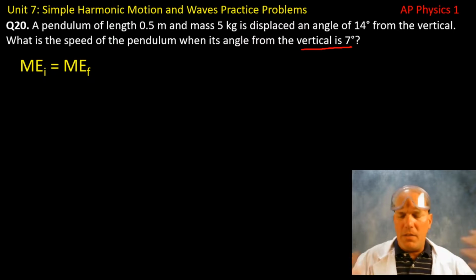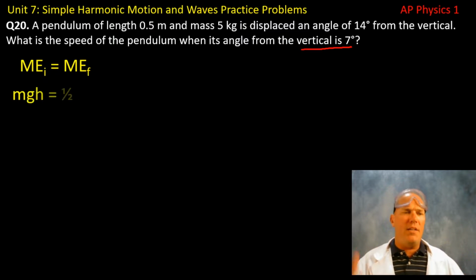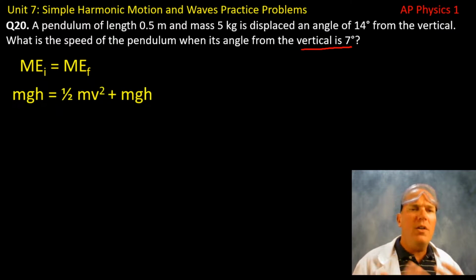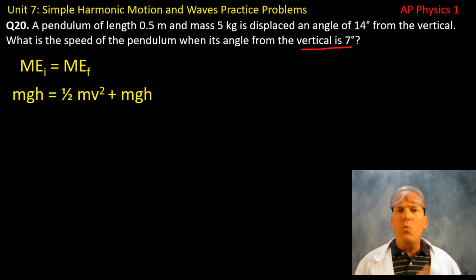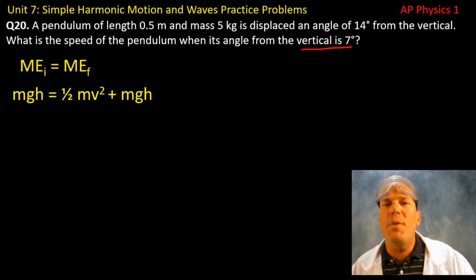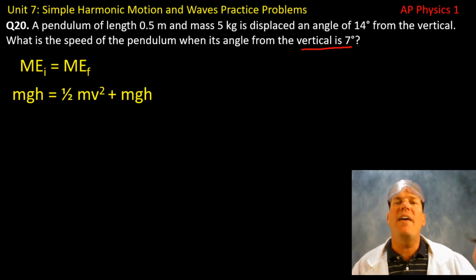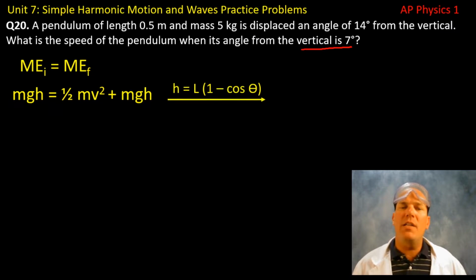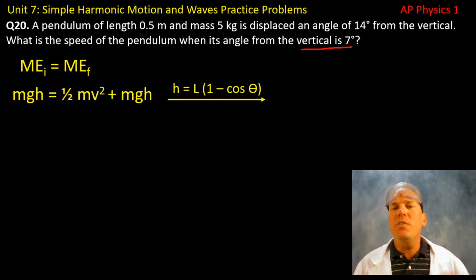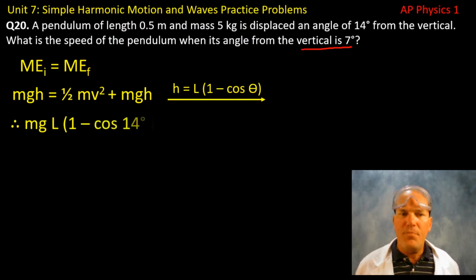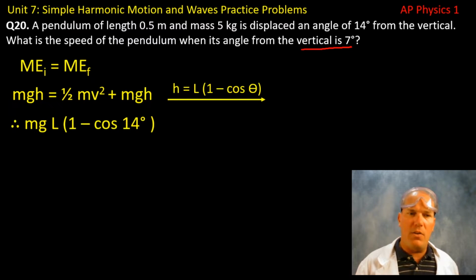Initial equals final. So let's set up our energy argument and expression where we are starting off with this gravitational potential energy. You already know that when expressing h for a pendulum in terms of L and theta, we're going to use L minus L cosine theta, which is equal to the height, which will allow us to use the gravitational potential energy as our total mechanical energy.